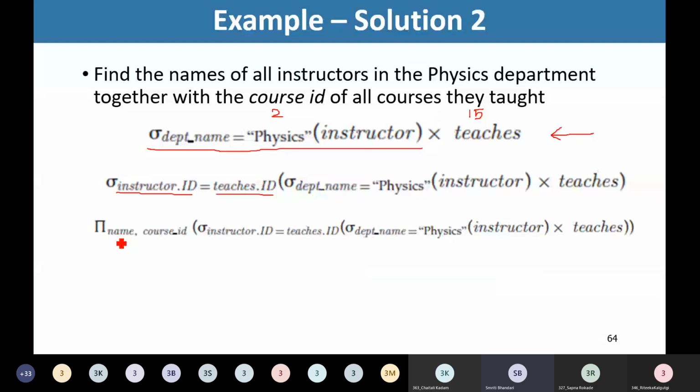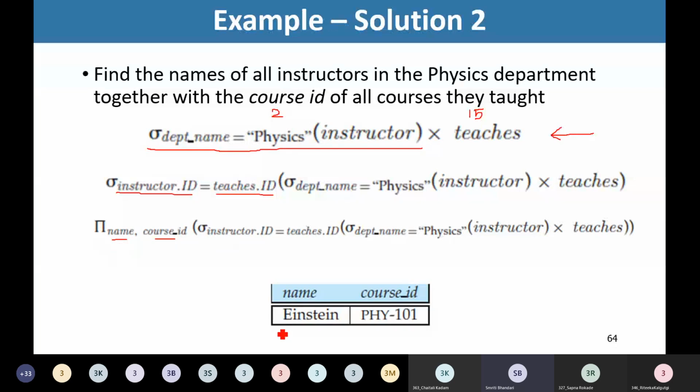I'm not interested in all the columns, only name and course ID, so I'll be making use of only these two attributes in my project step. And once again, whatever I am getting is the same as that of the earlier solution. So here the only difference is in this first step. So this is also possible. So the way we write the query may be different.